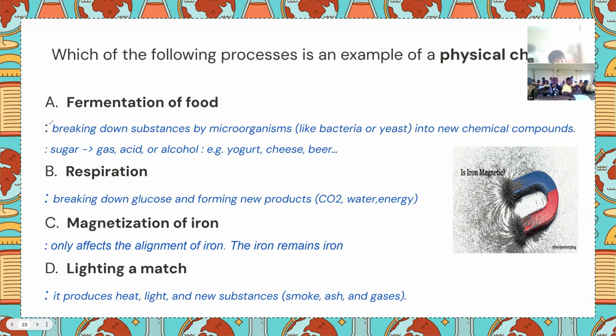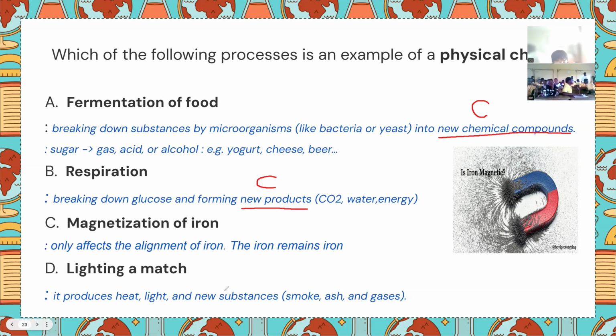To give you a hint, fermentation breaks down substances into new chemical compounds, so this is a chemical change. Respiration, breaking down glucose and forming new products, is also a chemical change. What about lighting a match?